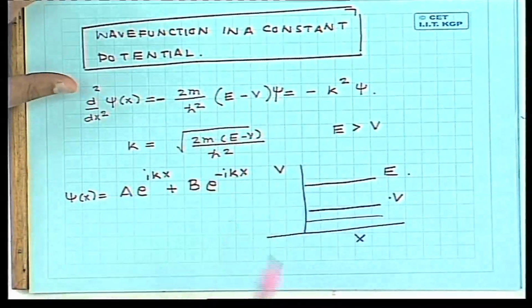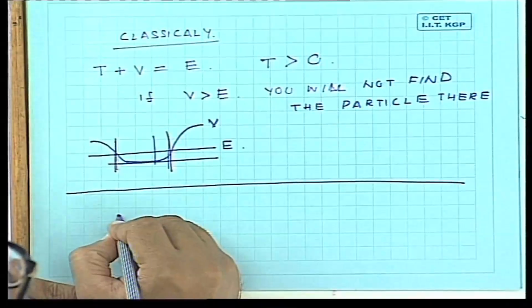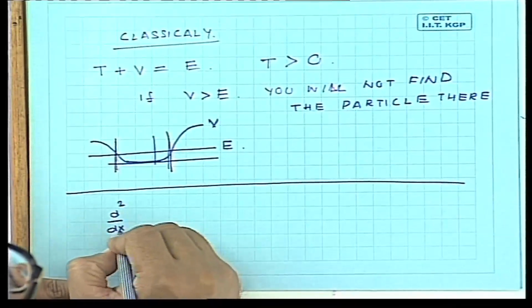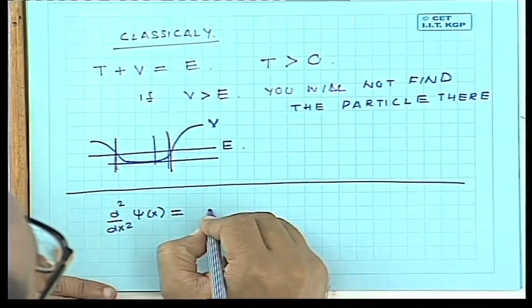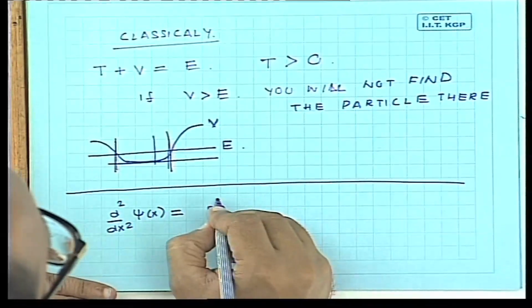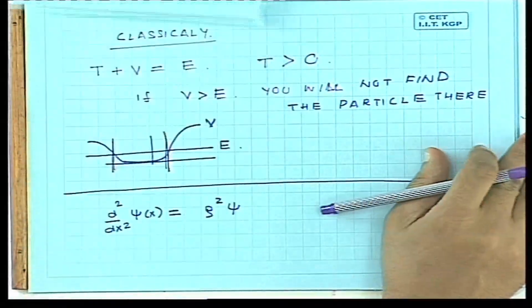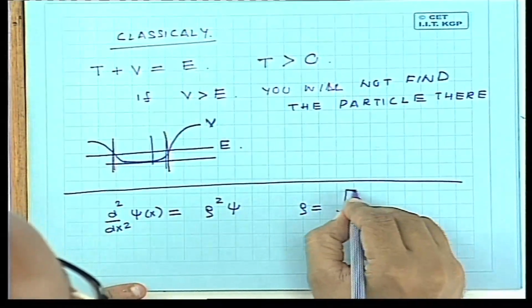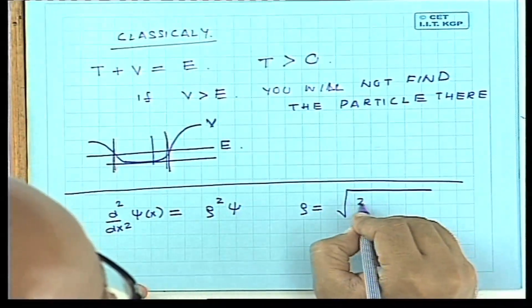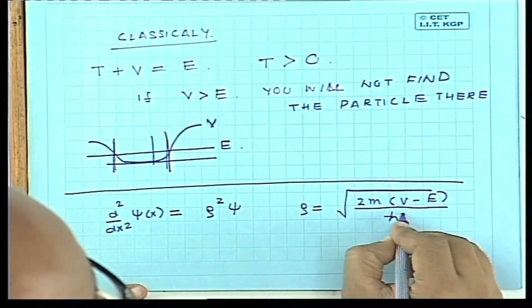If E is less than V, then the same equation we write in this way: d squared psi by dx squared now becomes equal to rho squared psi, where this is positive, and rho is equal to the square root of 2m (V minus E) by h cross squared.